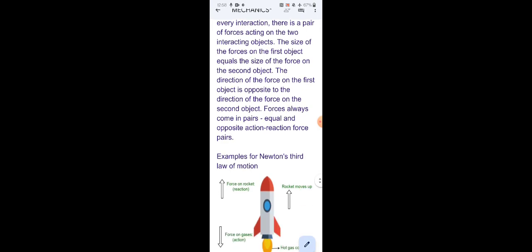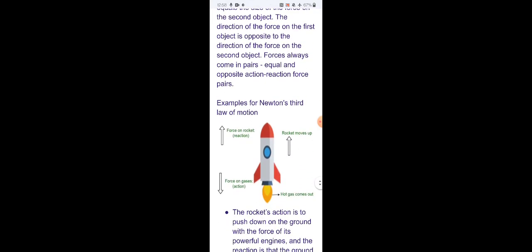See the picture. The force on the gases is in the downward direction, whereas the force on the rocket is in the upward direction. Forces always come in pairs, equal and opposite action and reaction force pairs.